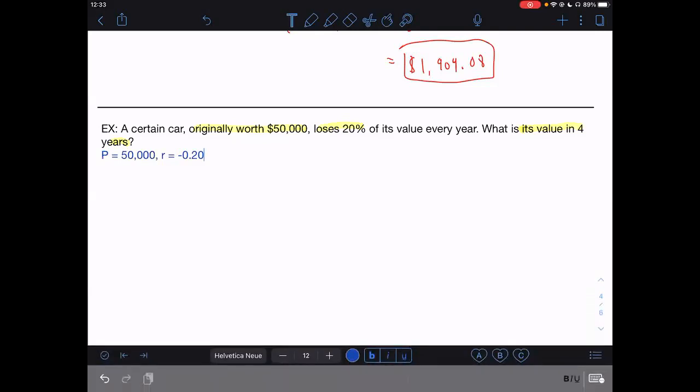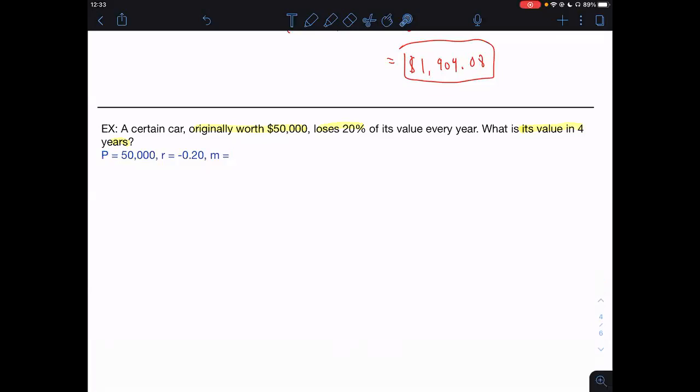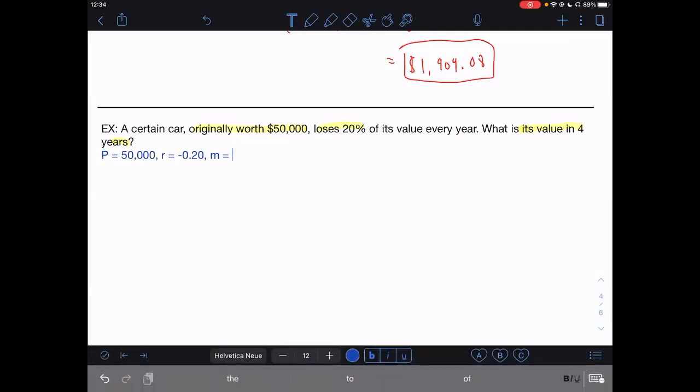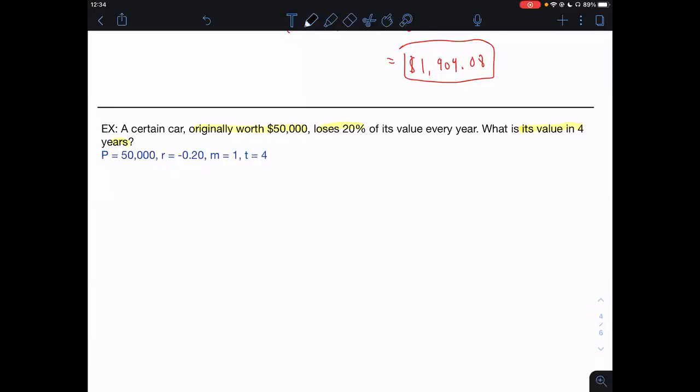All right, and then our value M, well, all it says is that it loses this much every year. So we can just assume that's once per year. So M will just be 1, and T will be 4 years. Okay, so we want to calculate the future value.